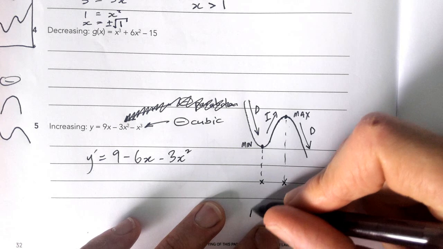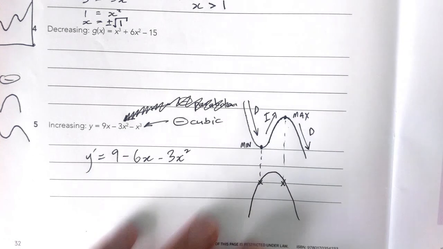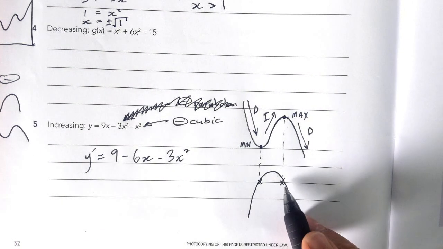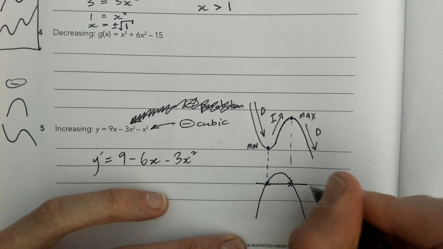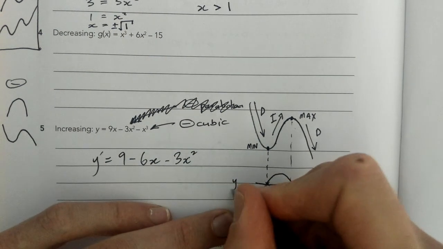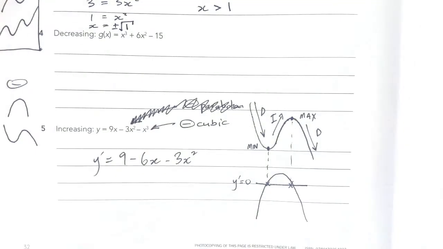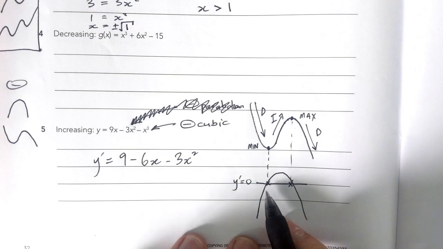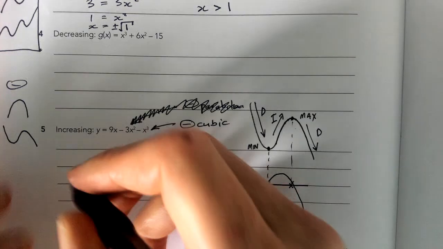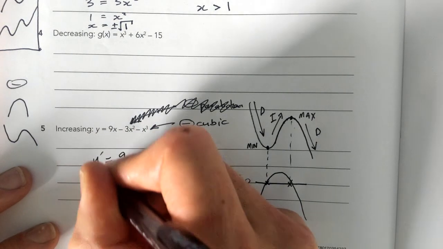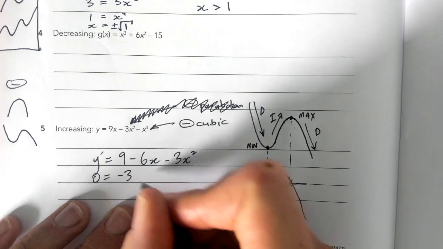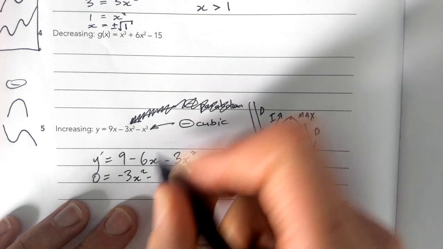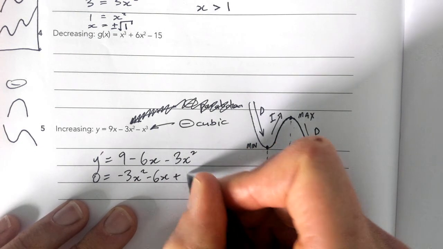Let's draw that in. Ooh, I missed. Well, that's going to be when y dash equals 0. It's going to be here, and it's going to give us 2 x coordinates. So we'll set that. 0 equals, let's rearrange it, negative 3x squared minus 6x plus 9.